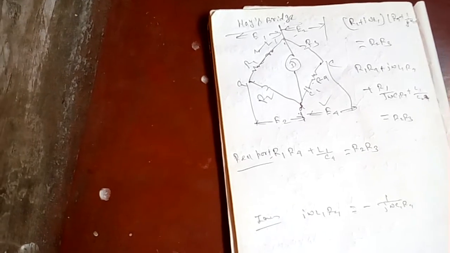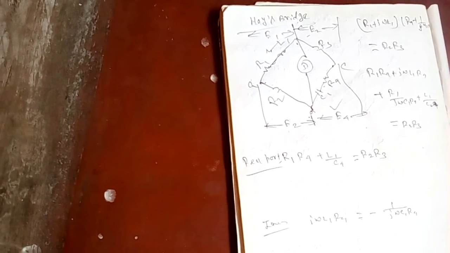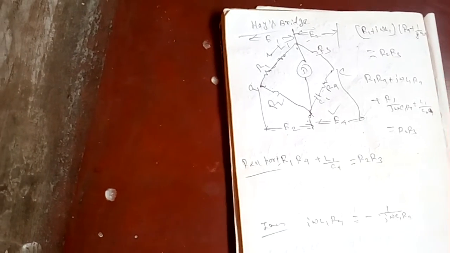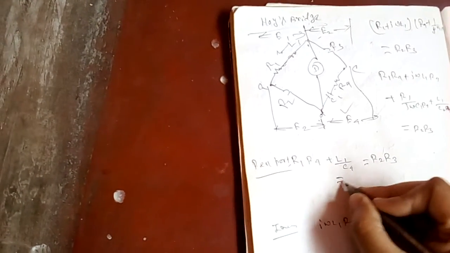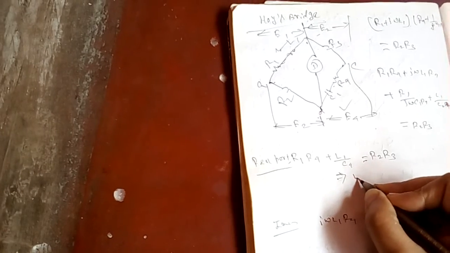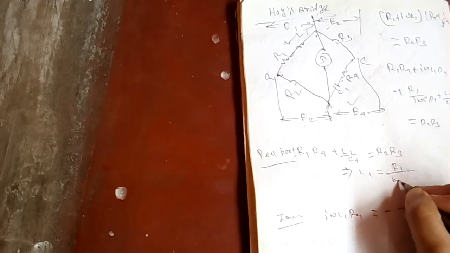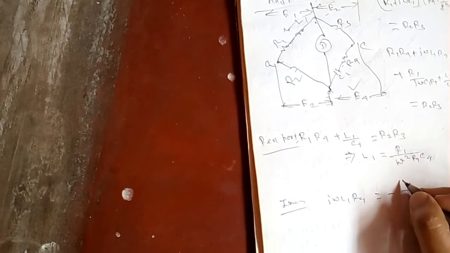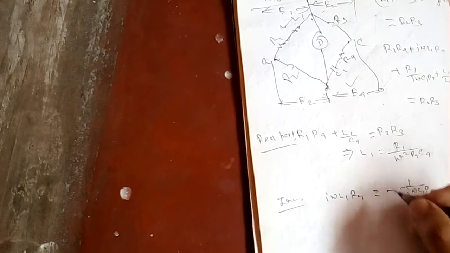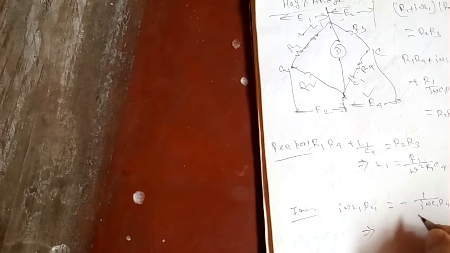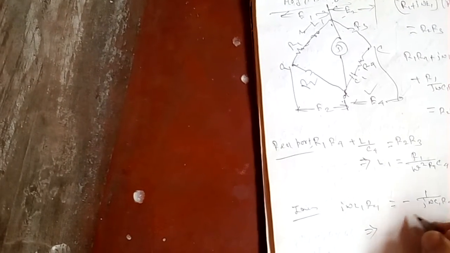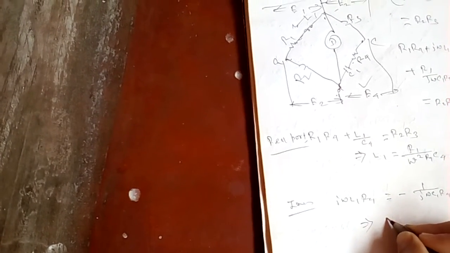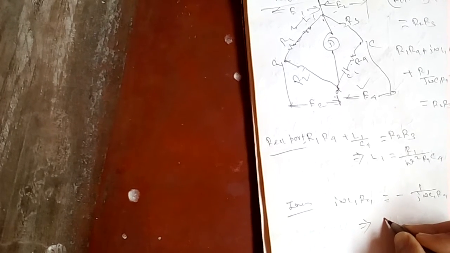From that point we calculate the values of R1, R2, L1 and R3. How do we calculate this? From that one we get L1 equal to R1 by ω² R4C4.